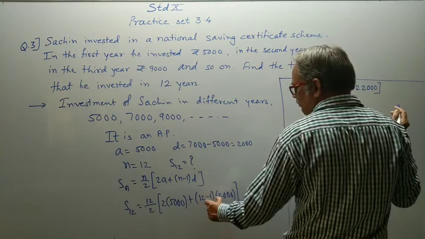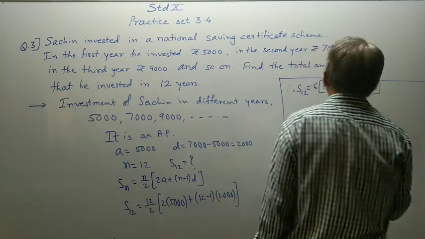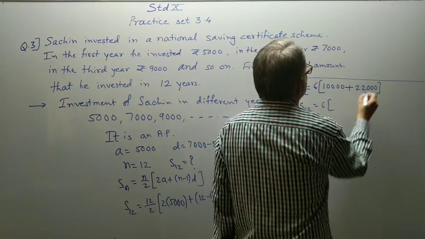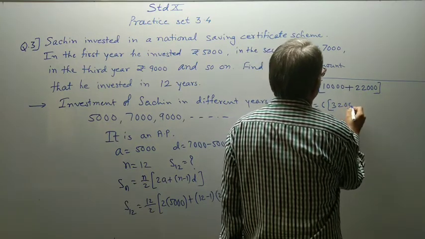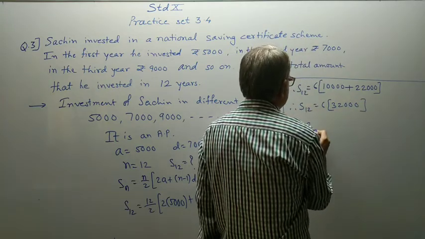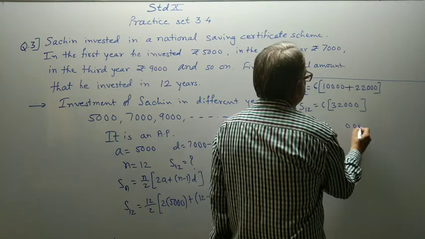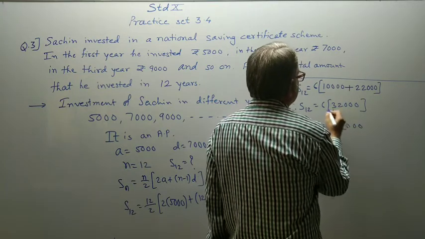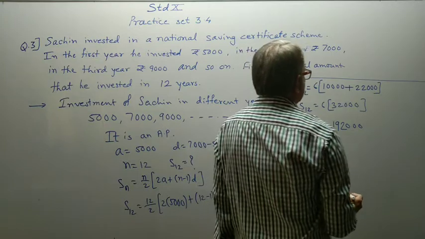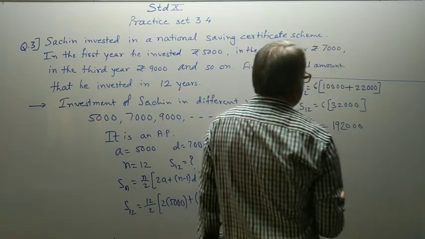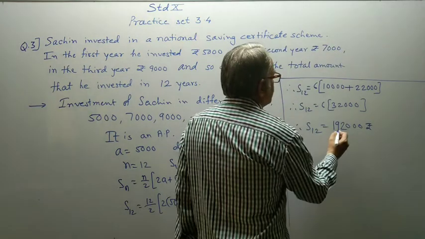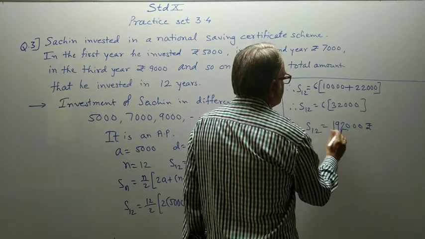So S12 is 6 bracket 10,000 plus 22,000 is 32,000. 30 will remain as it is. 6 2s are 12, 6 3s are 18 and 1 19. 1,92,000 rupees.